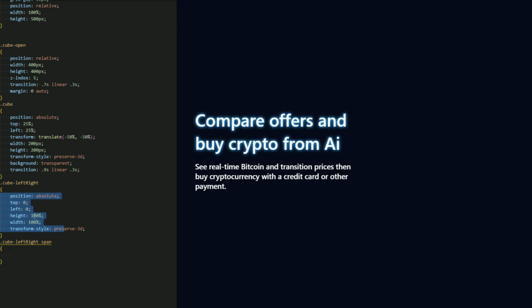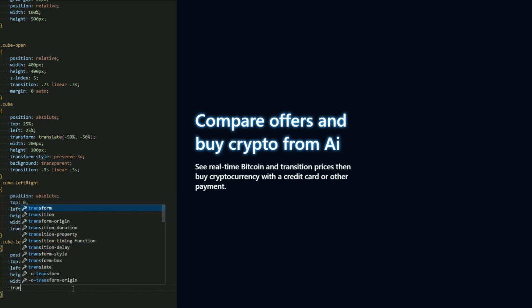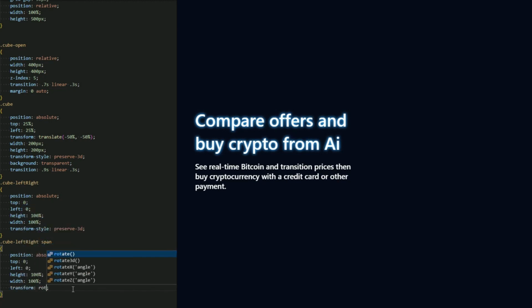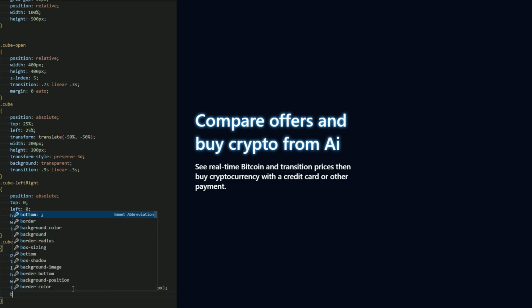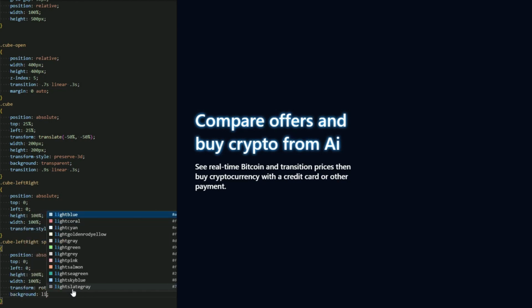So I'm gonna copy this, paste it, and now let me add transform to add calc. So I'm gonna rotate Y. And translate as well. Now let me add background, linear gradient.